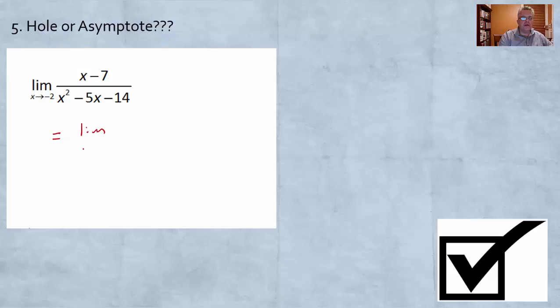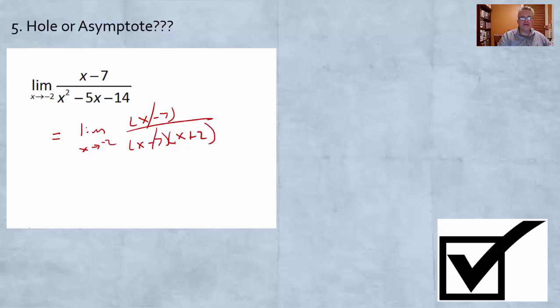So this is the limit as x approaches -2. In the numerator we have x minus 7. In the denominator we have x minus 7 times x plus 2. Okay, this time the value we're taking the limit at corresponds to this factor, which doesn't cancel.